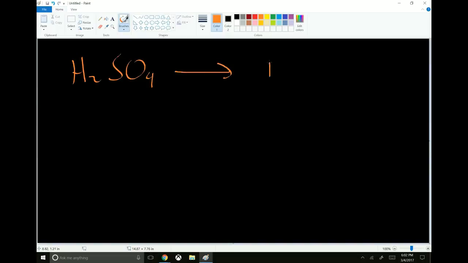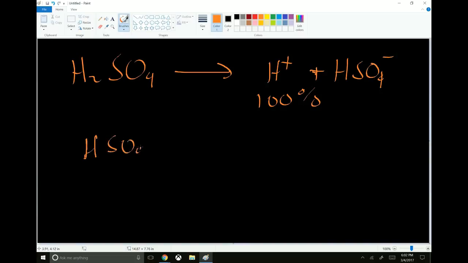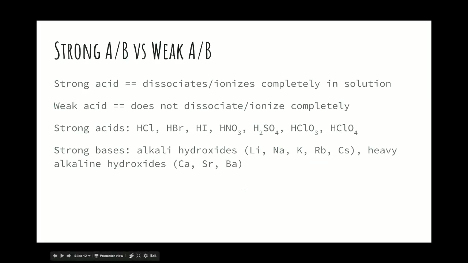H2SO4 goes to H plus and HSO4 minus, 100%. Then HSO4 minus going to H plus plus SO4 2 minus is like 1%. It's a weak acid. So a strong acid dissociates completely or ionizes completely. A weak acid does not.